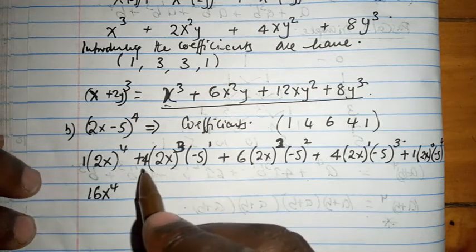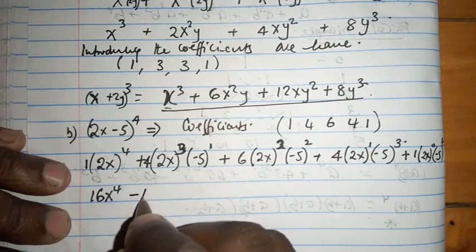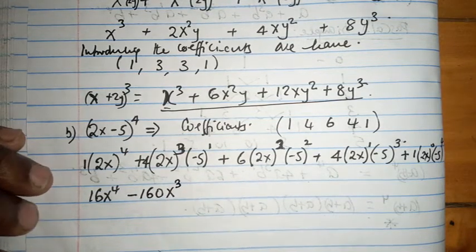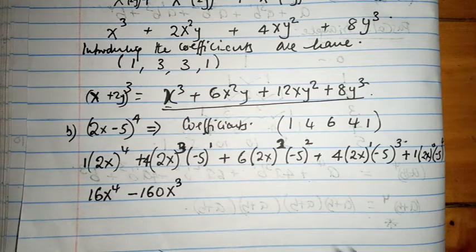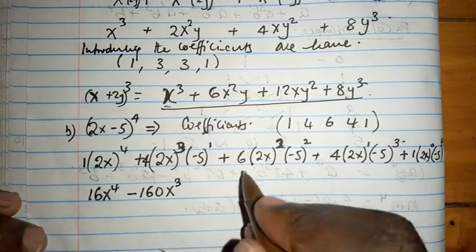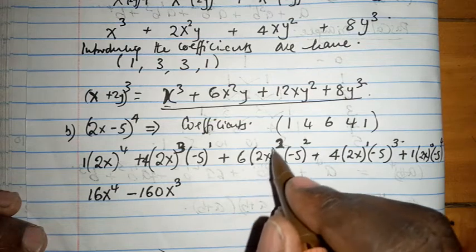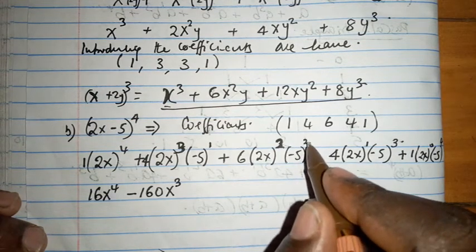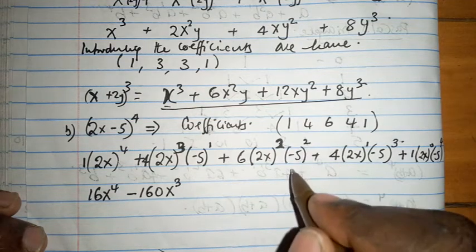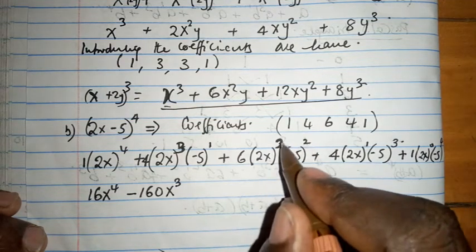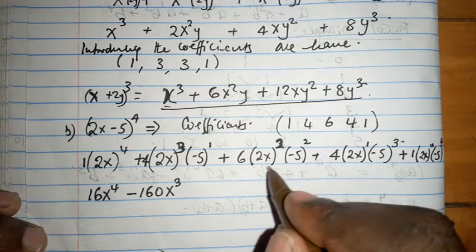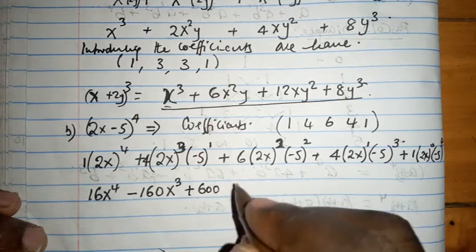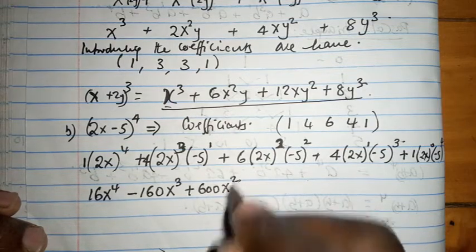Negative 40 times 4 is minus 160x cubed. The third term now, 2 squared is 4, minus 5 squared is 25. So 25 times 4, that is 100.